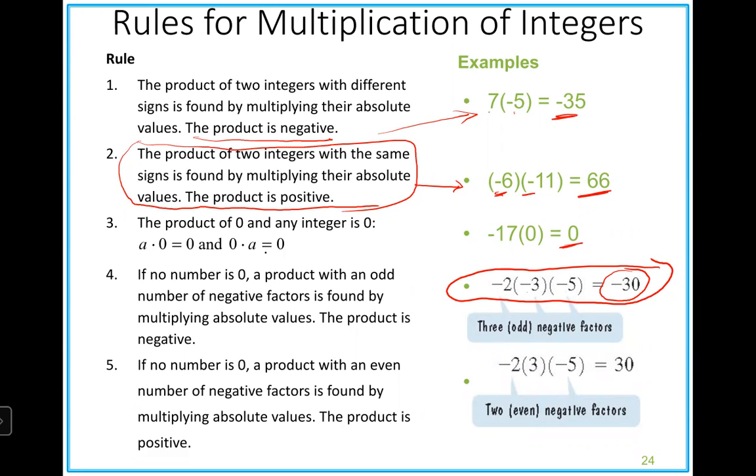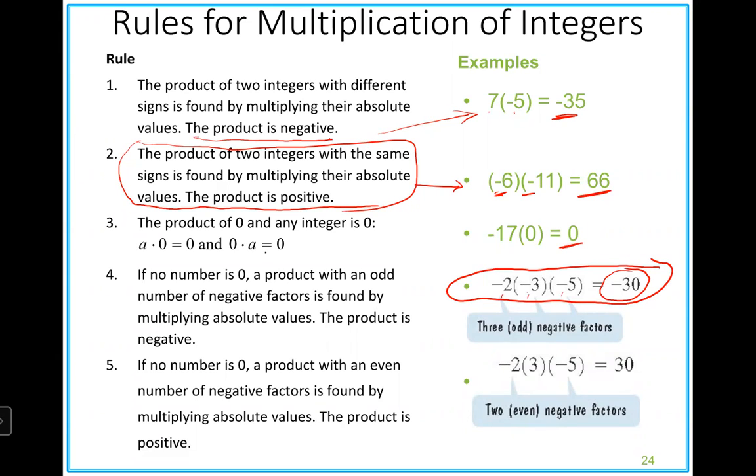If you are multiplying an even set of numbers, and they're all negative, the answer will be positive. But because we're doing 3 numbers here, negative 2, negative 3, negative 5, all three of them are negative, so your answer will be negative.